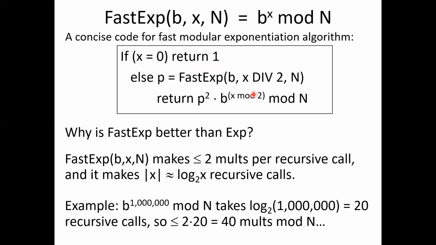It's these exponents that will appear here during the recursive calls, because the whole way that this algorithm operates depends only on this part. You start with the b, you square it. Whether or not you multiply by b is the whole heart of the algorithm. And that depends on the consecutive bits of x.